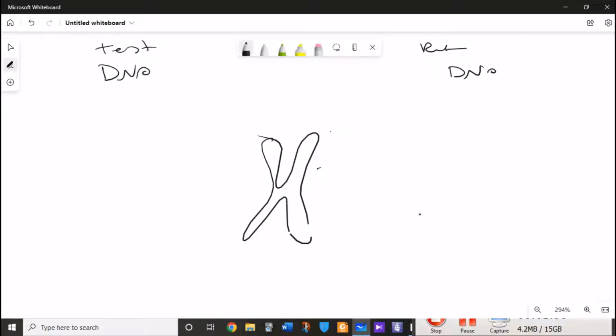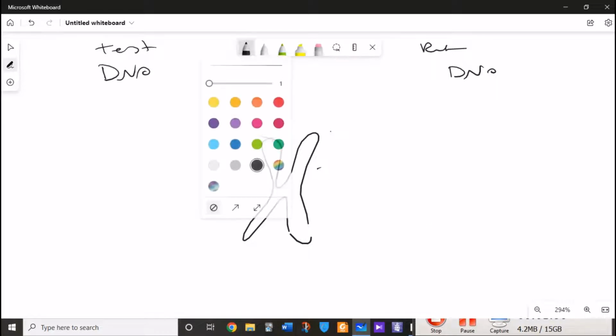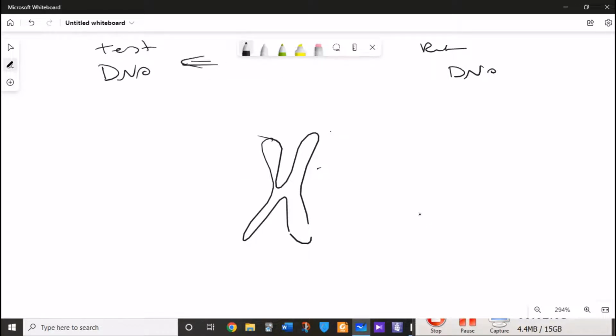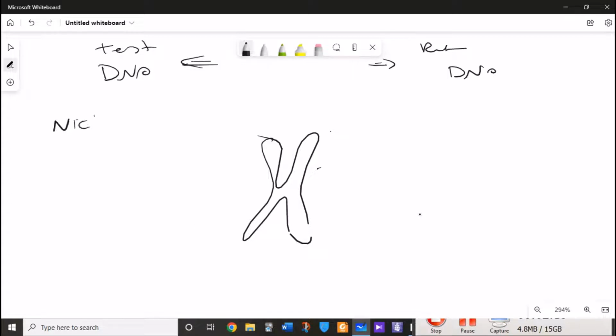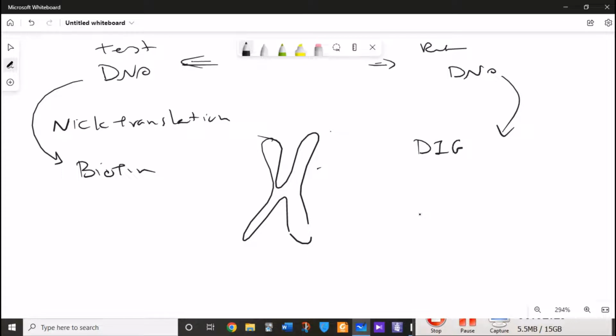We should label both of them. In CGH, labeling of DNA is done by nick translation. In nick translation, test DNA is labeled by biotin, and the reference DNA is labeled by digoxigenin.